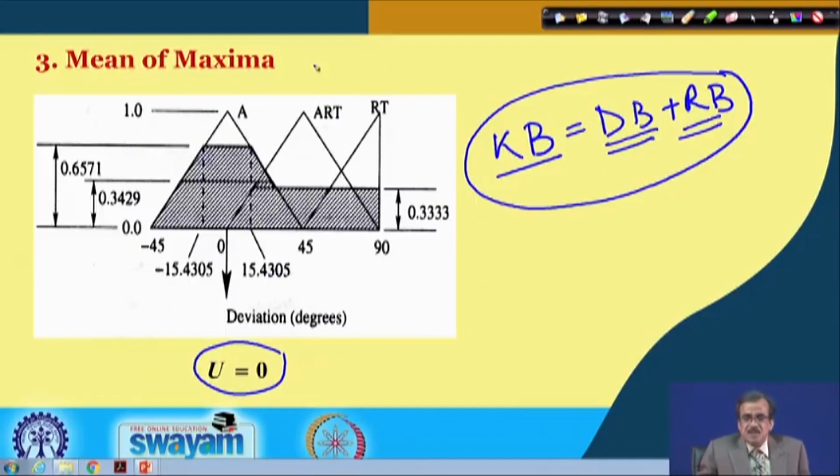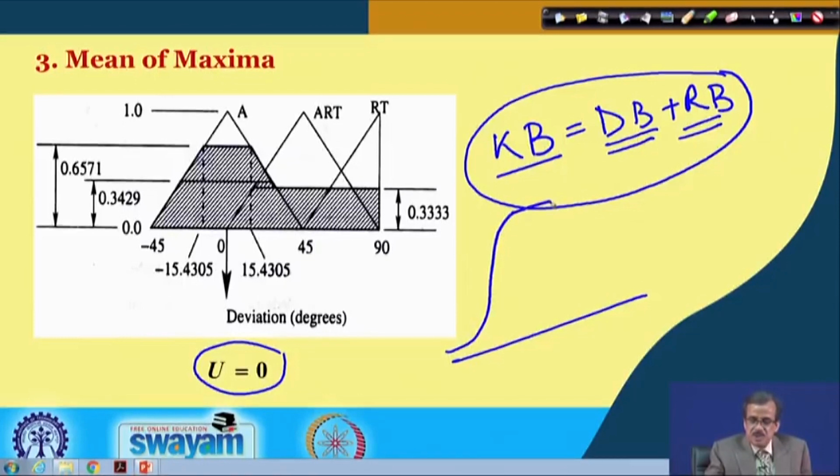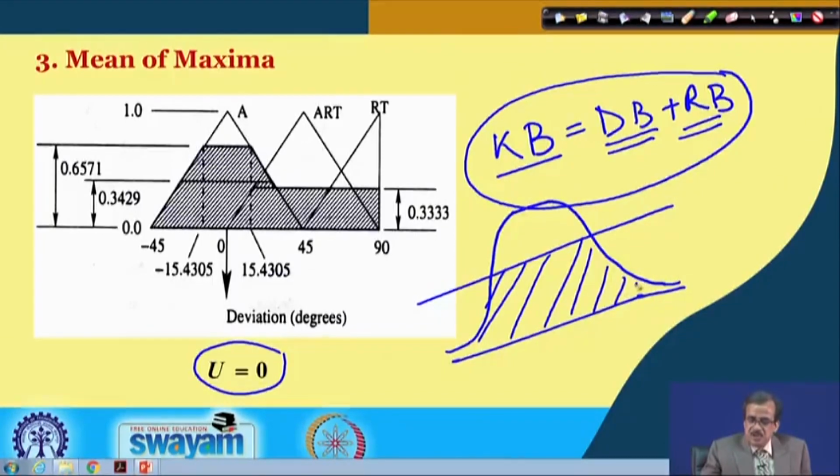If we consider a nonlinear distribution, for example Gaussian, or the bell shaped membership function distribution, and I have to find out the area and center of area corresponding to the mu, supposing I am getting this as the area, then determining this particular area requires integration, and you know that integration is computationally very expensive.